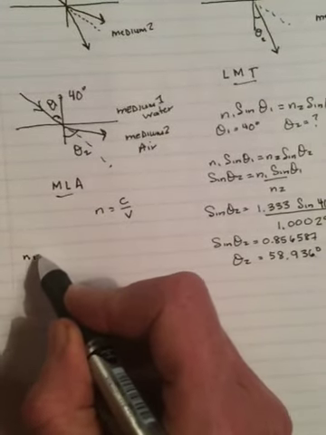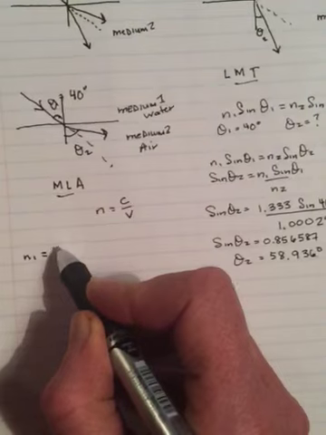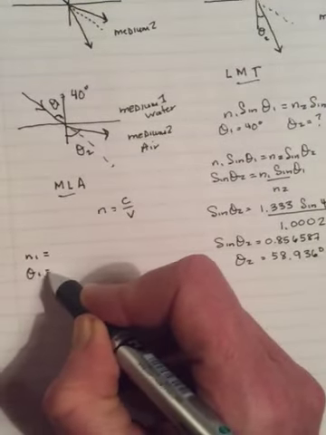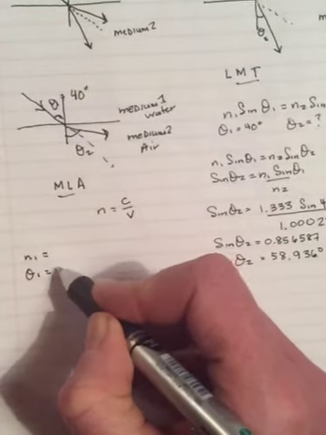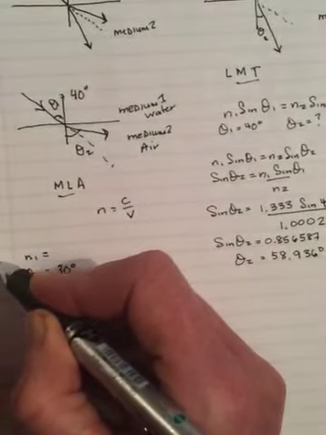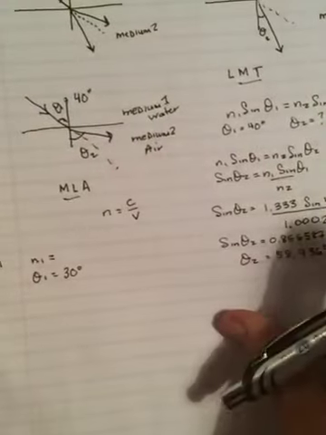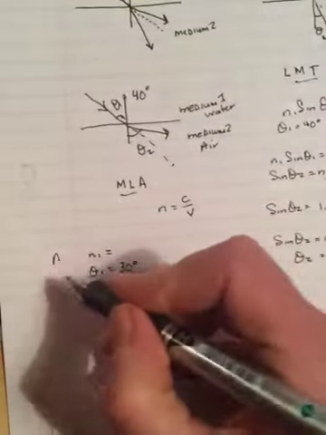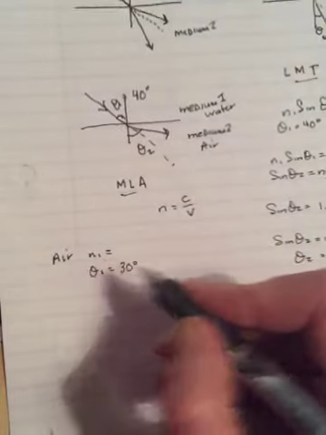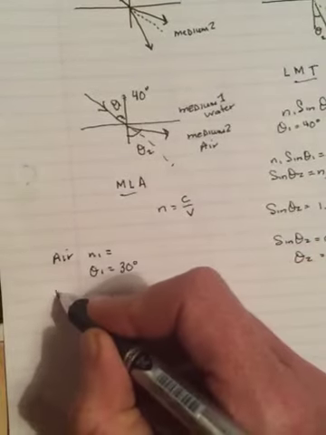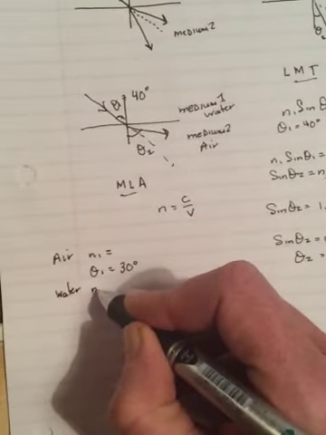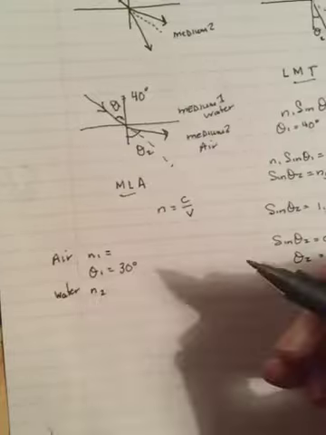Let's suppose that I say theta 1 is, I don't know, 30 degrees this time. And let's say we're going from, I should move it so you can actually see what I'm writing. Let's say this time we're going from air into, we'll do water again. So we'll just turn the thing around. So this time we're starting in air and going to water.